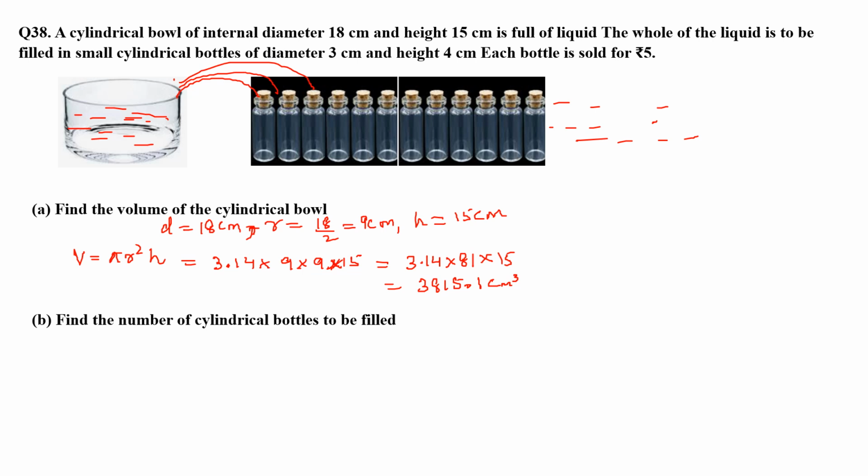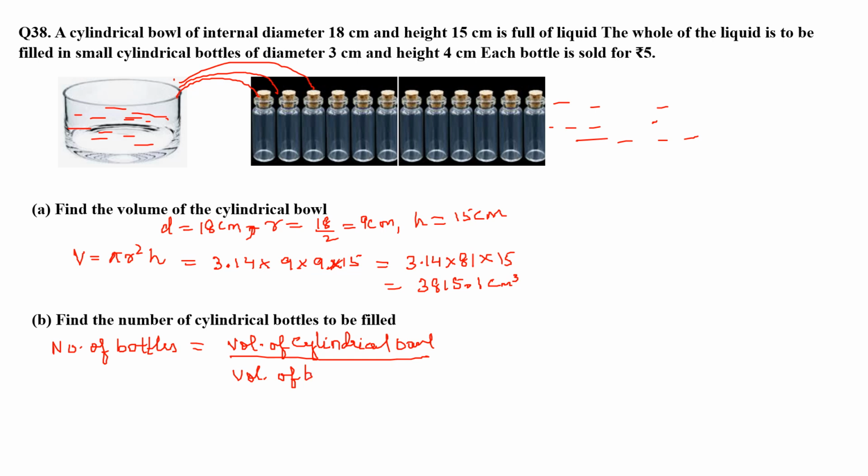To find the number of bottles, you have to divide the volume of the cylindrical bowl by the volume of the bottle.